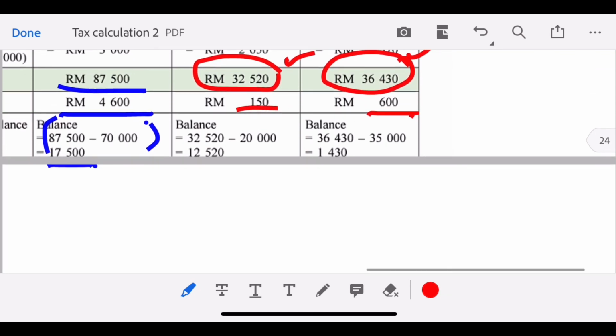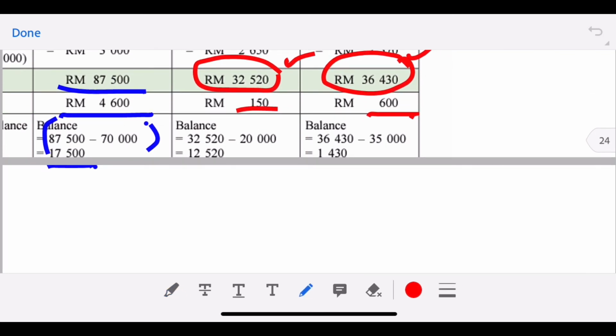Okay, then for the balance we have to use 32,000 minus 20,000 will be 12,520, and for the wife is 36,430 minus 35,000, which is 1,430.